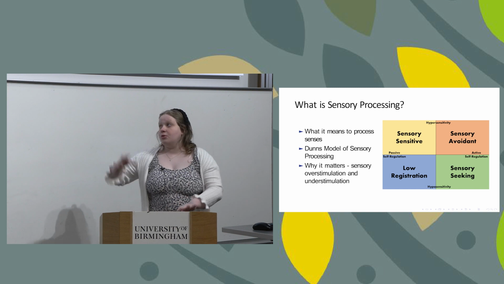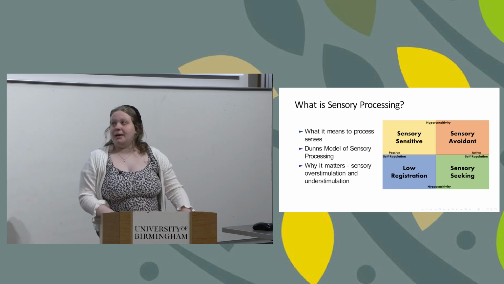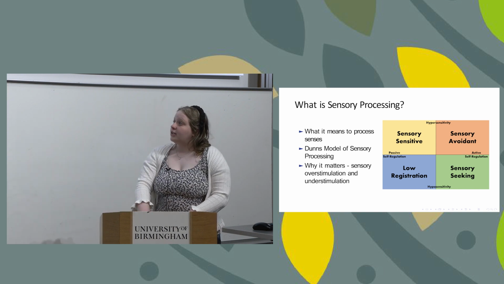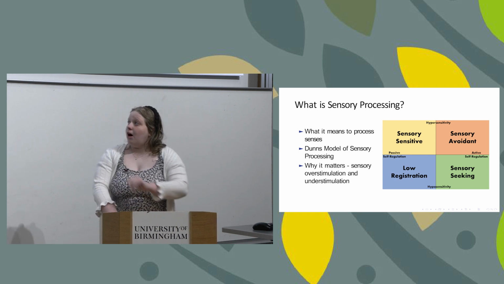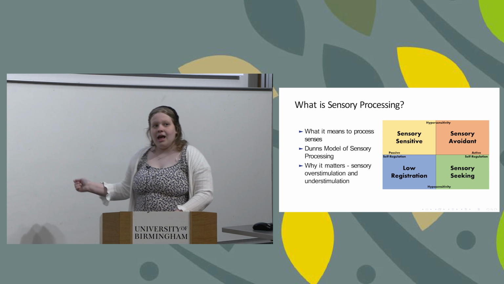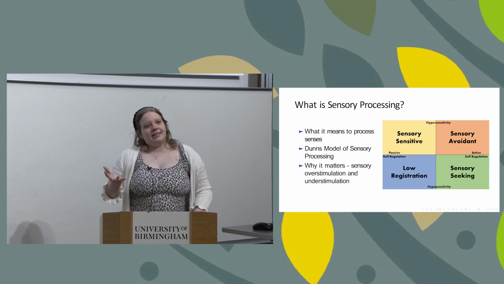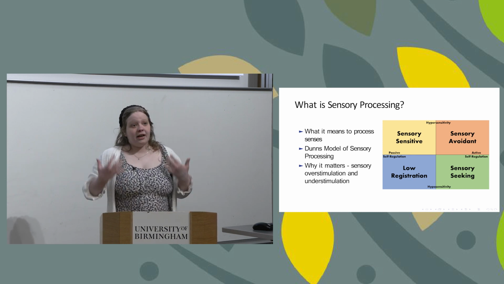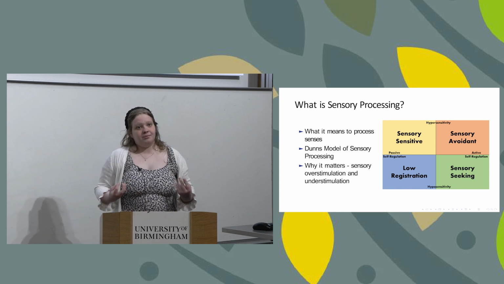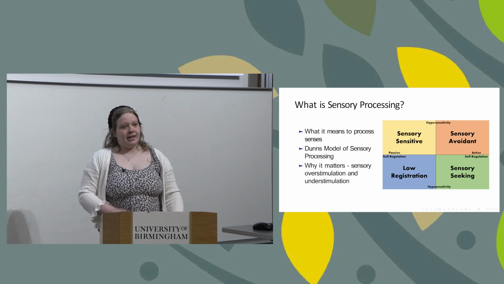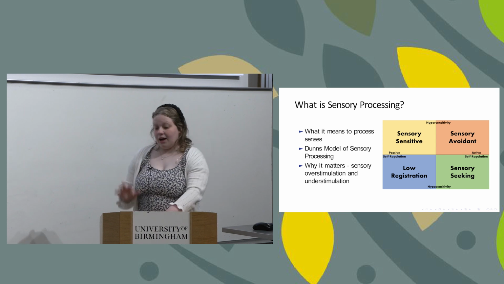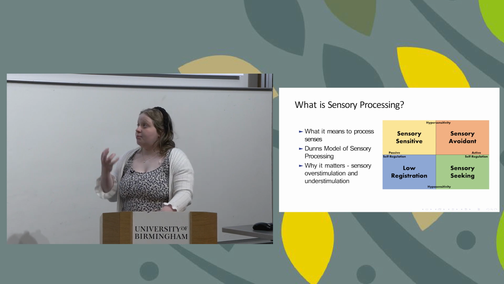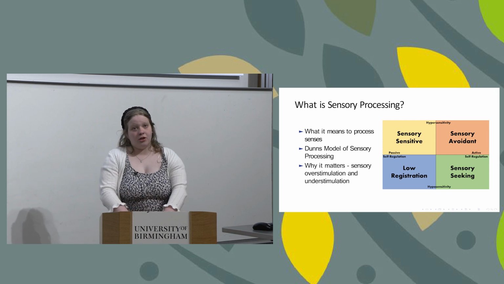Based off that scale, there are four categories that people end up in. Starting in the hypersensitive half, we've got sensory sensitive. That's the kid who is sitting there feeling really uncomfortable, but they can't tell you because they are too overwhelmed. They are passive, so they won't actively do anything to help with the problem, but they are experiencing sensory overload.